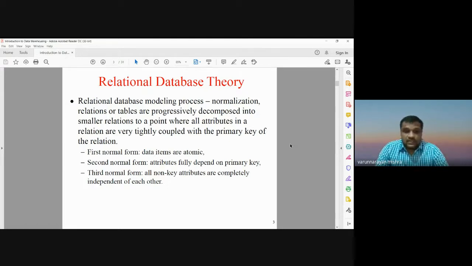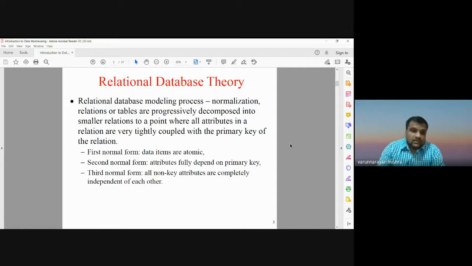The third form, known as third normal form, requires that all non-key attributes are completely independent of each other. So, as we know, when we talk about database management systems, the relational database management system, or relational table, is one of the basic types of system used for storing all the data sets in the form of tables.